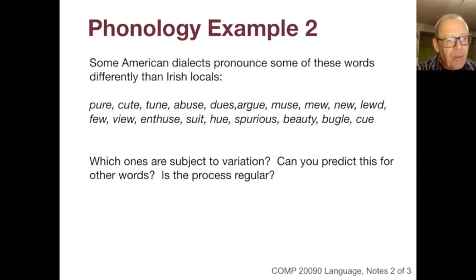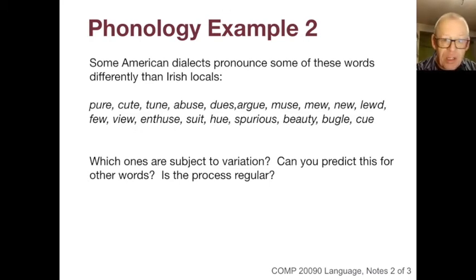It's an attempt to uncover the regularities underlying the distribution of abstract phonemes. Here's another example. We won't spend long on this, but in Ireland, we pronounce some of these words differently than they do in New York. In fact, new, as in New York, is one of the words that we pronounce differently. So we say new, and if you go to New York, they say noo York.